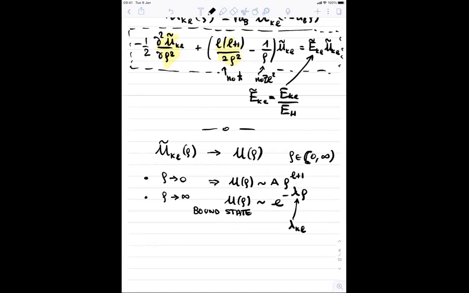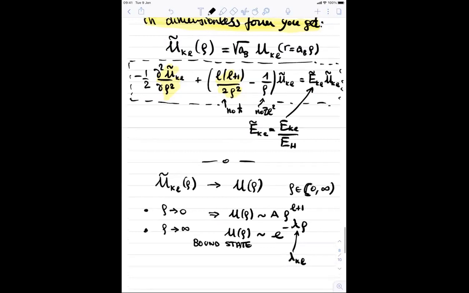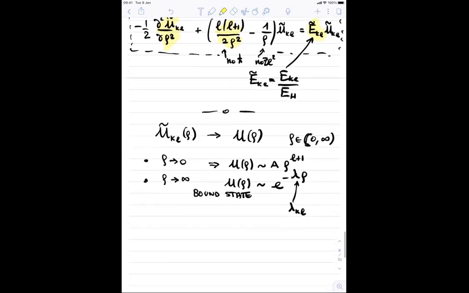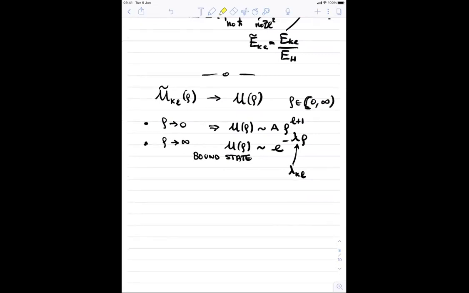Good. Now, these two things come rather simply by looking either at the kinetic term versus the centrifugal term, or by just looking at the kinetic term for very large distances versus the E term that you have there. I will not present this algebra here, which is given in the notes, but I would like to carry out with you a very simple calculation.